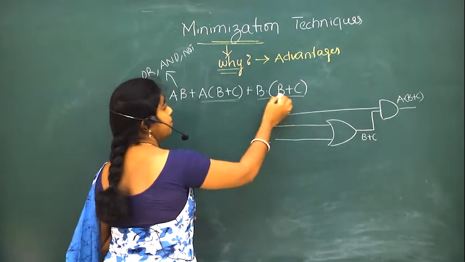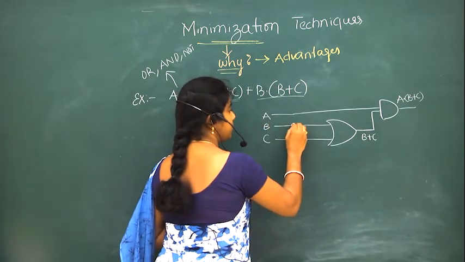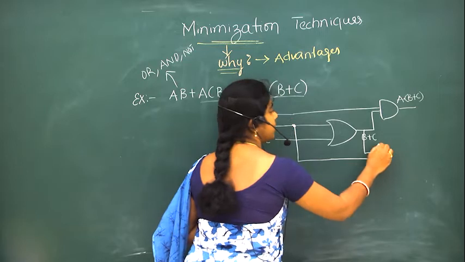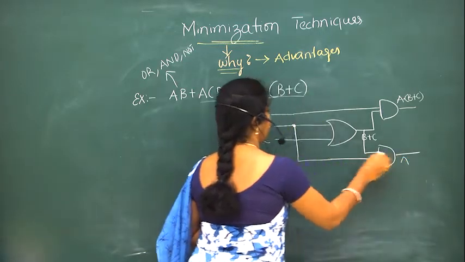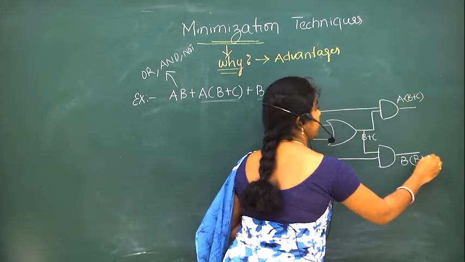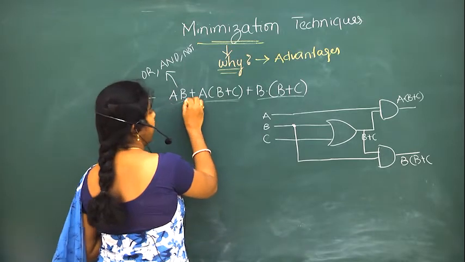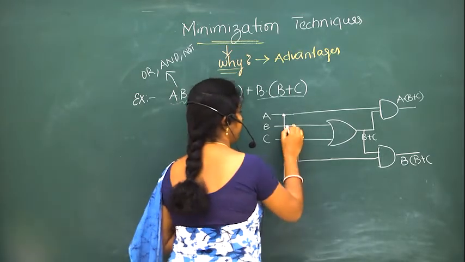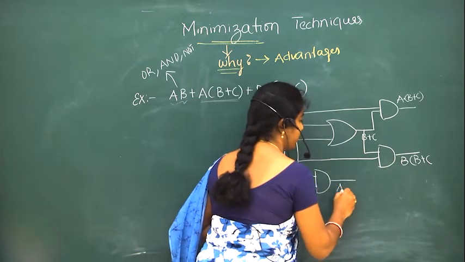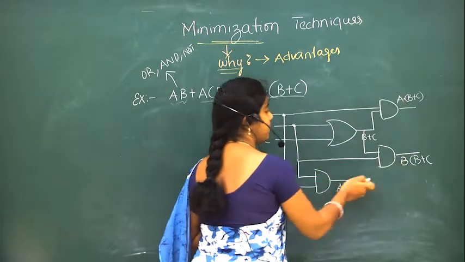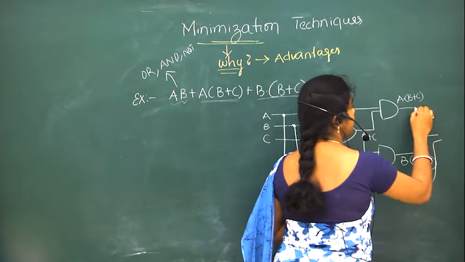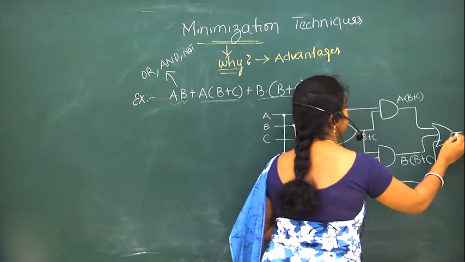The next one, B dot B plus C. Here it becomes B dot B plus C, and the another term is A dot B, nothing but A and B ANDed. So this is A dot B, and all these terms are ORed to give this expression.